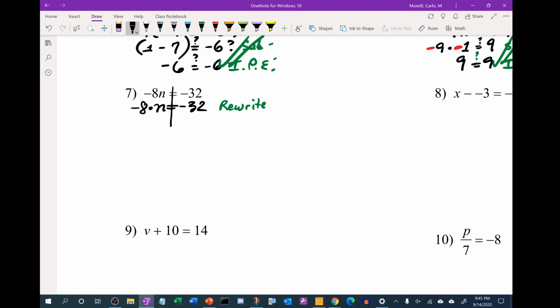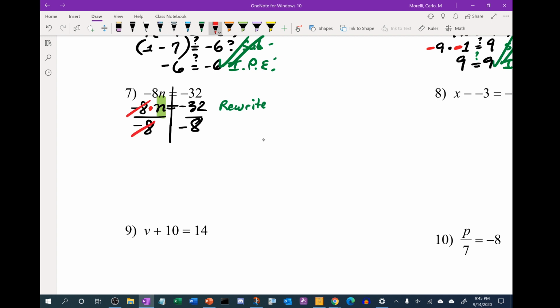Okay, what's next? Well, I need to do the inverse of multiplying negative 8 times n. So I better divide, right? I'm going to divide on the left. I want to get the n by itself, so I better divide out that negative 8, right? Well, now I'm out of balance, so I better go over here and also divide by negative 8, right?